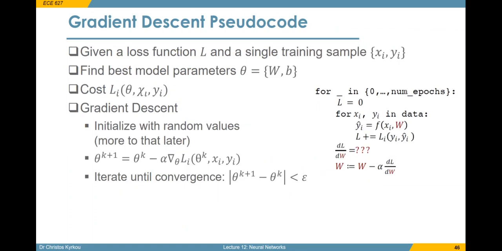So the overall process of training a neural network with gradient descent basically involves iterating over all our data. We compute the network output and we evaluate the loss. And the idea is that through that loss, we will be able to update the parameters in order to reduce the value of the loss function.